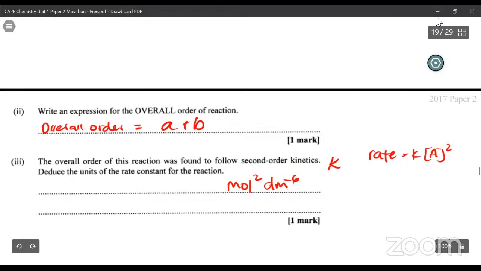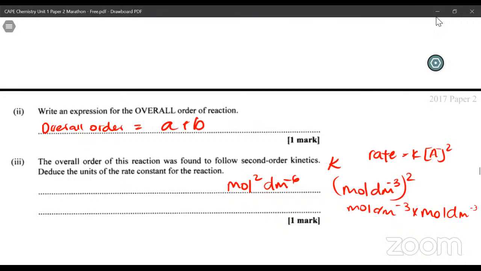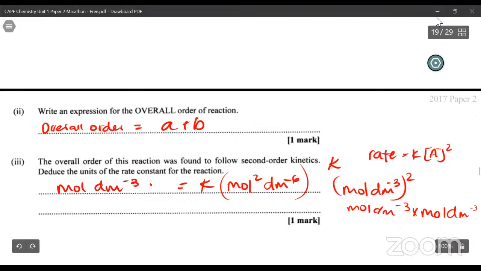How? Because you'd have mole per dm cube squared, which is the same as mole per dm cube times mole per dm cube. And that's how you would get mole squared per dm to the minus 6 times K, and that's equal to the rate, and the unit for rate is mole per dm cube per second.